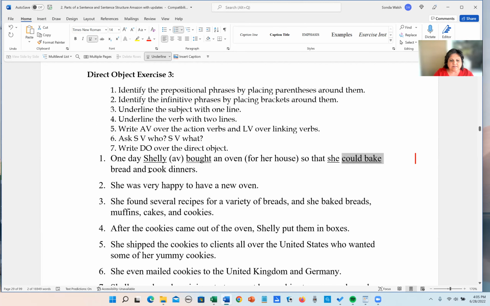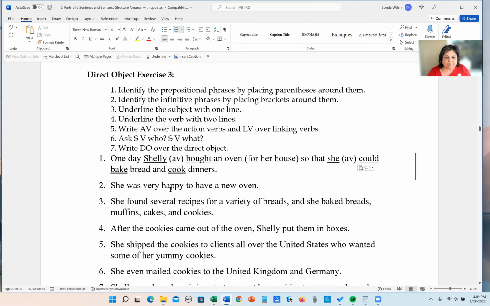And cook is an action verb. Okay, so after we found the subject, we need to underline the verbs. We've underlined the verbs. The next thing we need to do is determine if they're action or linking. So we have an action verb here, could bake and cook. Those are action verbs.